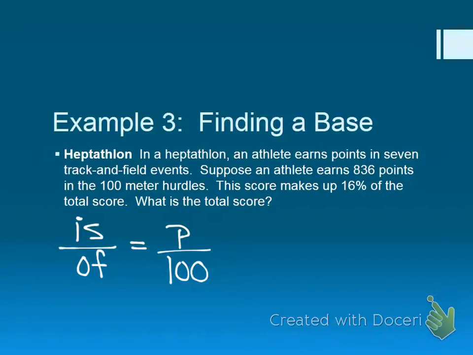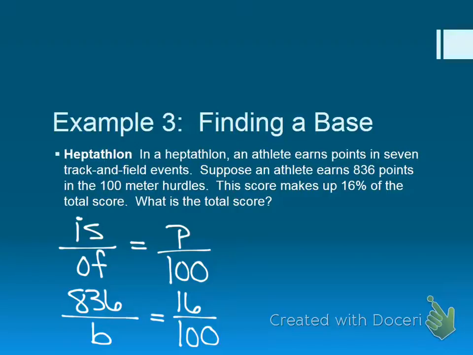Total. B. So 836 points is only one event. That's part of the total. Remember, A is your part, so B is the total. So 836 over B equals my percentage over 100. All right, go ahead and finish it out.